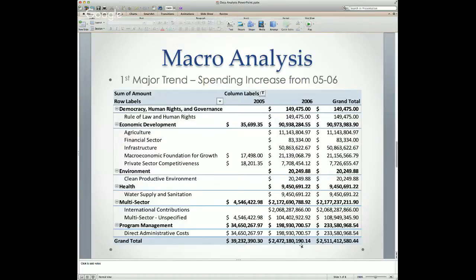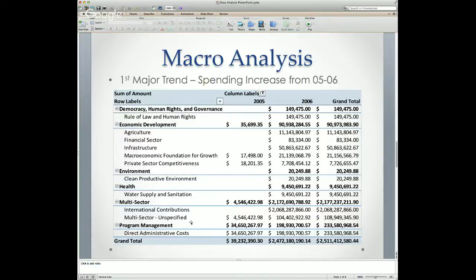And the largest increase in categories of spending during this time was in economic development, as you can see here, and multi-sector. So economic development includes agriculture, financial sector, infrastructure, macroeconomic foundation for growth, and private sector competitiveness. And multi-sector spending included international contributions and unspecified.